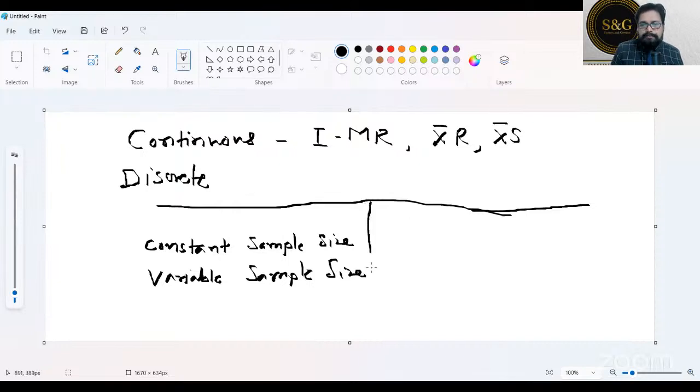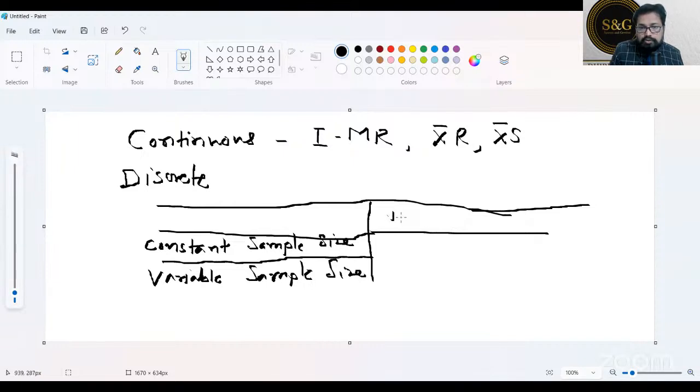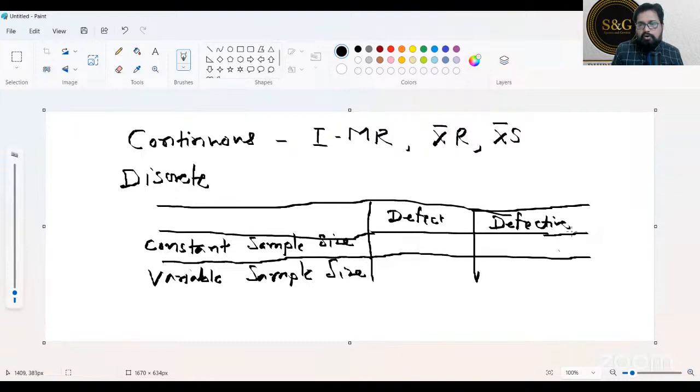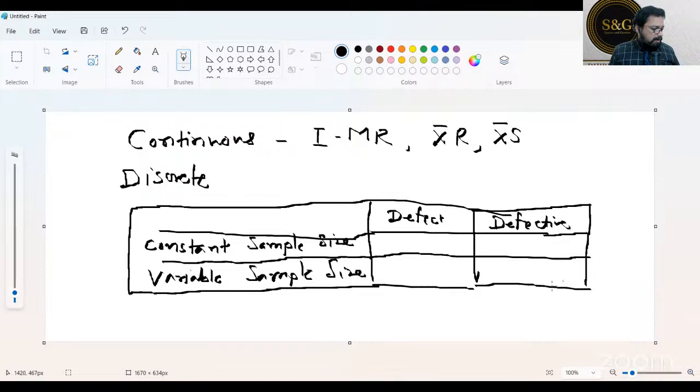Here it is defect, defect, and defective. Just make this table.